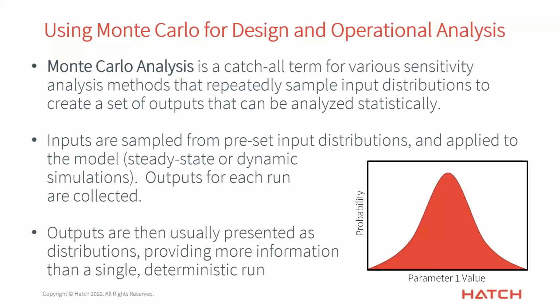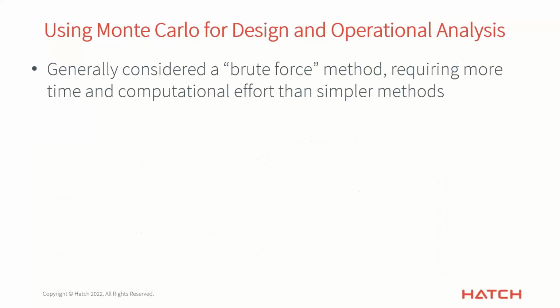The outputs now, instead of having just a single value like you would get when you do a normal steady state solution, say for your effluent ammonia, you are now going to have a whole set of values. And so you can plot the distribution of those values in a histogram and see where that falls, in the scale of what you were trying to achieve. So it's more information than you'd get from a single deterministic run.